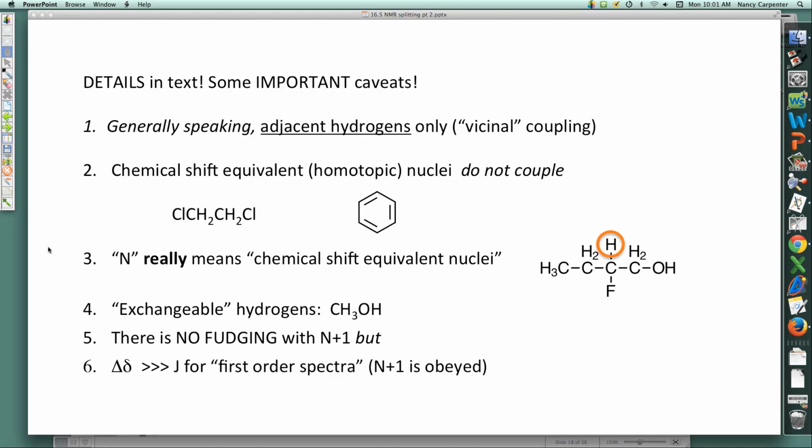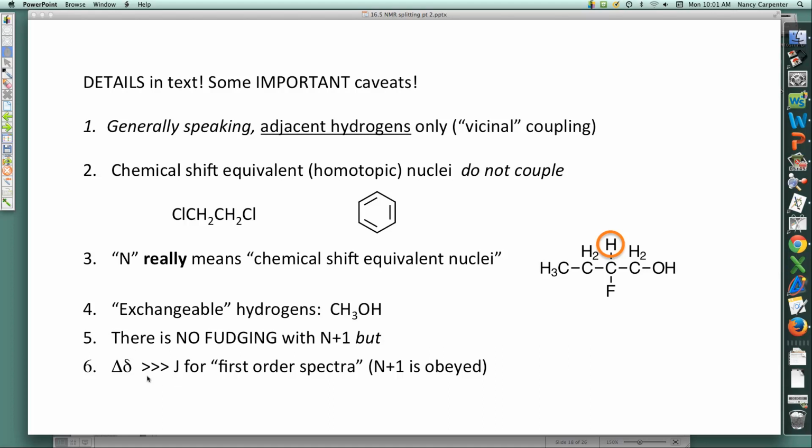Unless, well, the thing with n+1 is that it's only obeyed, and you only get nice clean doublets and triplets and quartets, etc., when the difference in the chemical shifts between the two signals is much larger than the coupling constant.